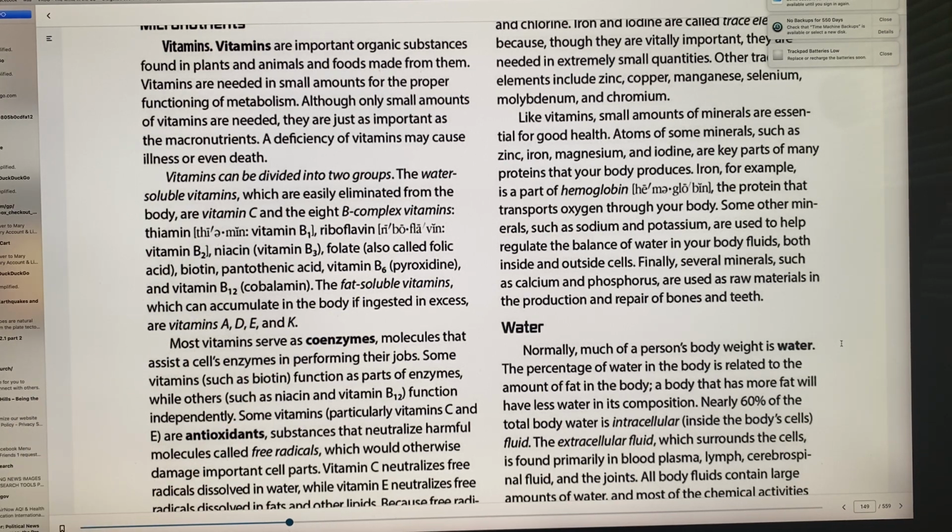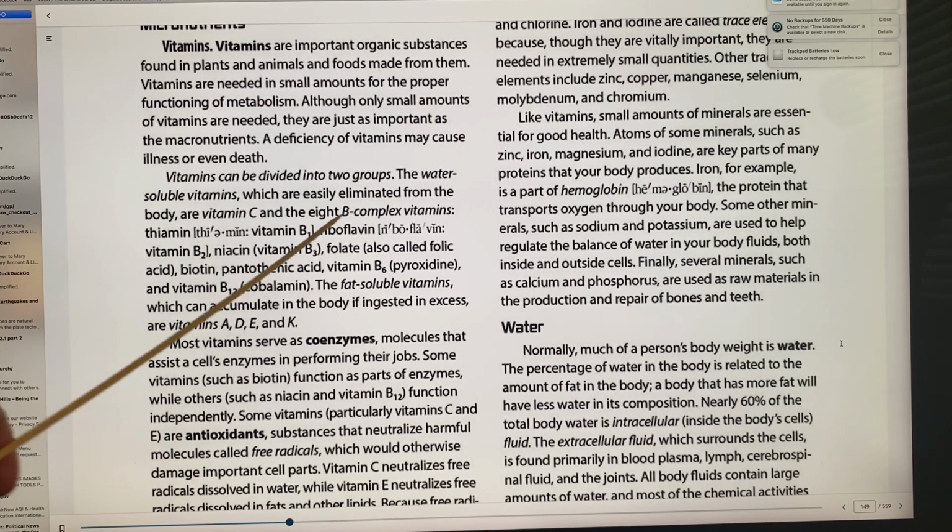So vitamin C you need, it's water soluble because you can take as much vitamin C as you want, although sometimes it kind of irritates your stomach if you're taking too much, because it's water soluble and it's washed out, and so you have to keep replenishing the vitamin C in your body. And the same with vitamin B vitamins. Again, if you take too much, you might have stomach problems, but vitamin B vitamins are that way.